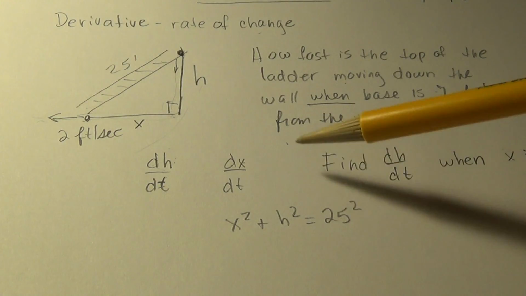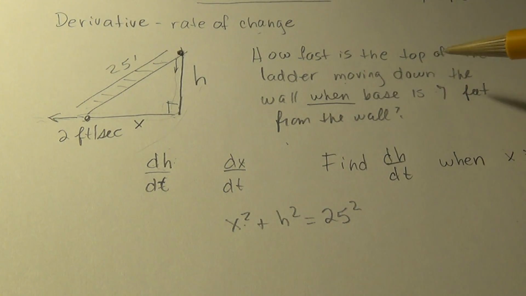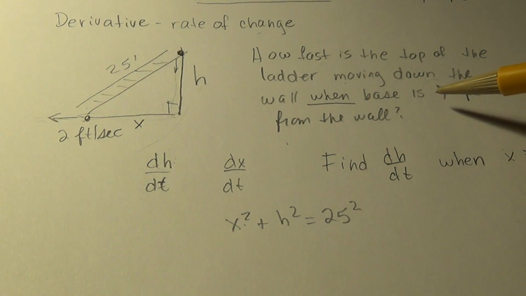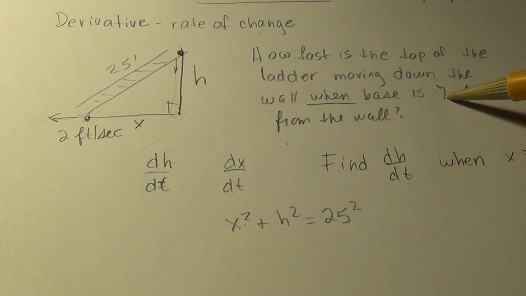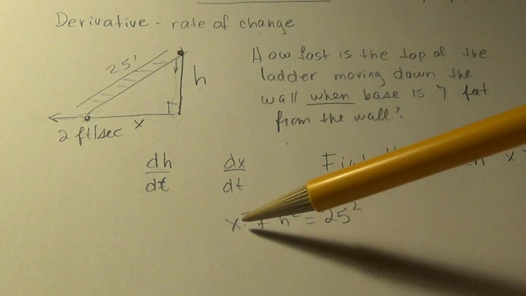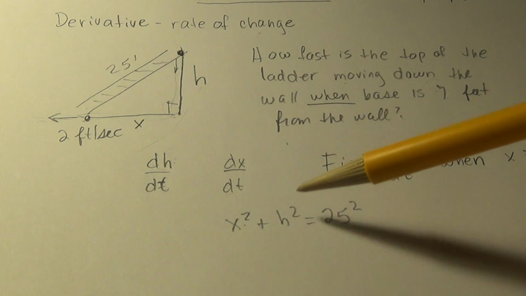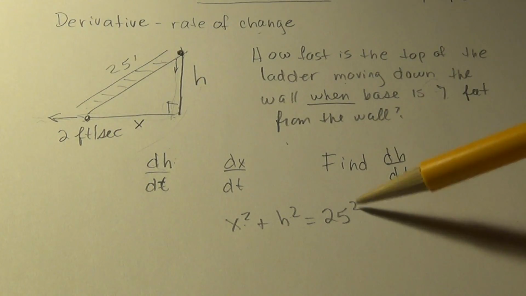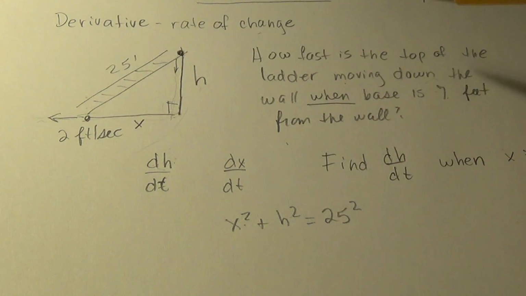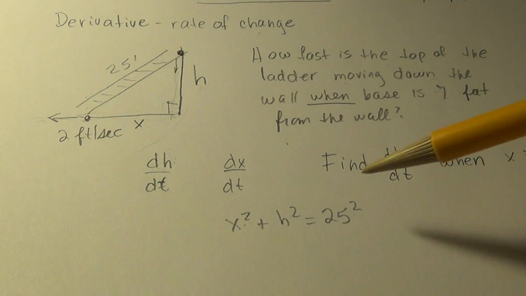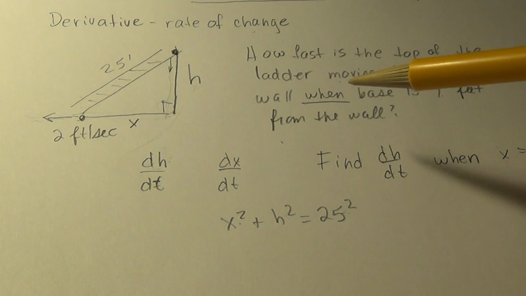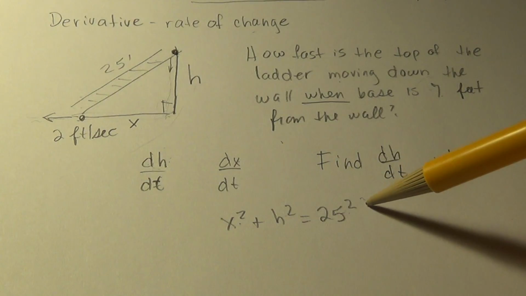But we cannot use x is 7 because that is not constant. It's not always 7. At one moment in time it is 7, but we can't say it's always true. h is not always one value, but 25, the ladder isn't shrinking or growing, it's always 25. So we can put the 25 there. So x squared plus h squared equals 25 squared.